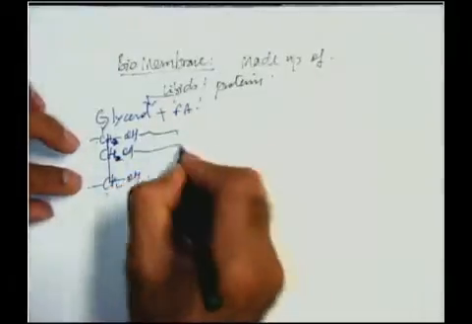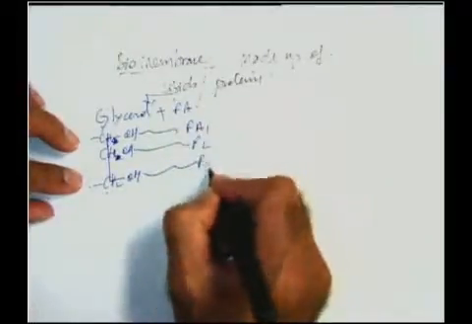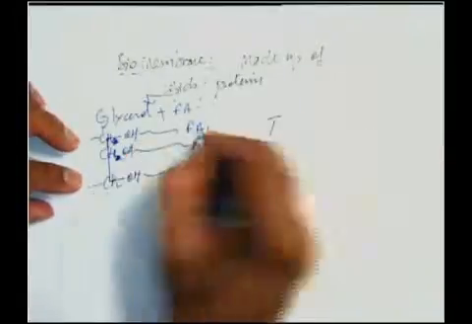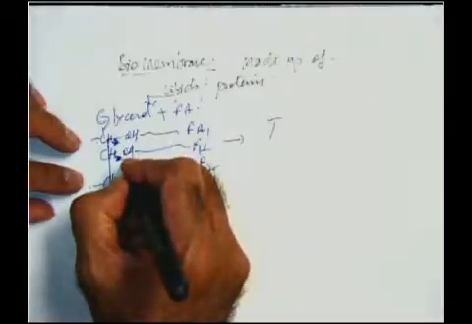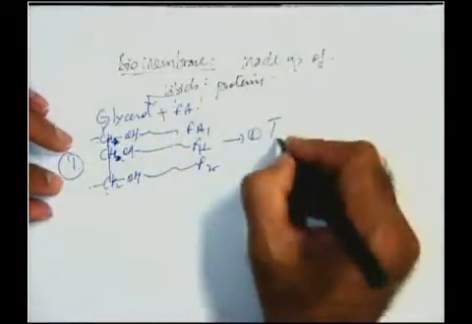So this is going to be esterified by fatty acid 1, fatty acid 2, fatty acid 3. The result is going to be triglycerides. We get three fatty acids esterified with one molecule of glycerol. So this is one triglyceride molecule.